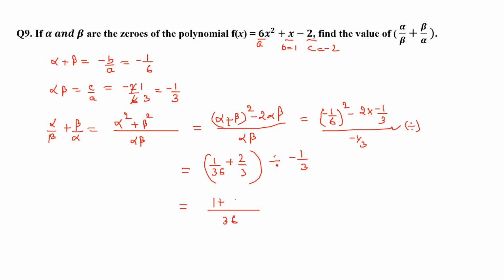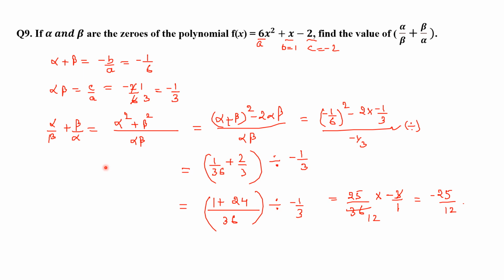So it will be 1 plus 24 divided by minus 1 by 3, which will give me 25. 1 plus 24 is 25 by 36. Division changes to multiplication and the reciprocal of minus 1 by 3 is minus 3 by 1. Now reduce it. So the answer is minus 25 by 12. Okay. So the value of alpha by beta plus beta by alpha is minus 25 by 12.